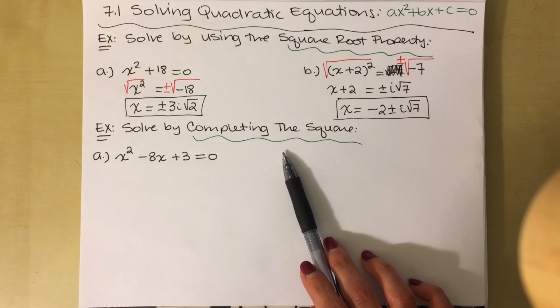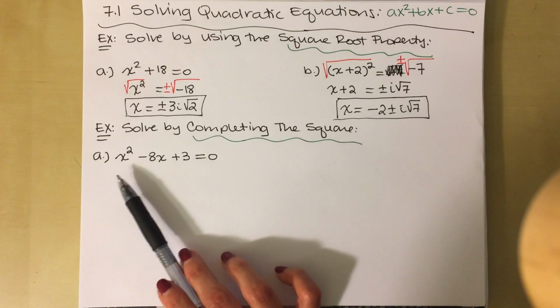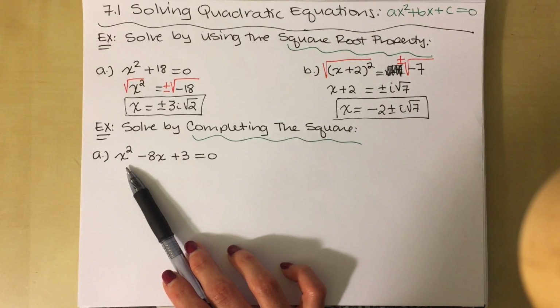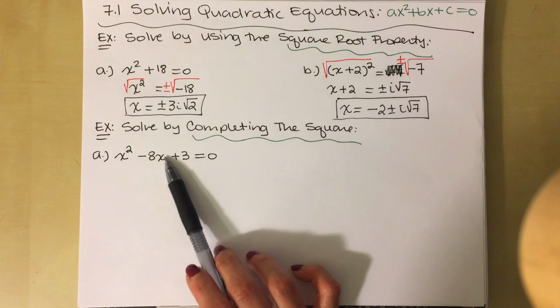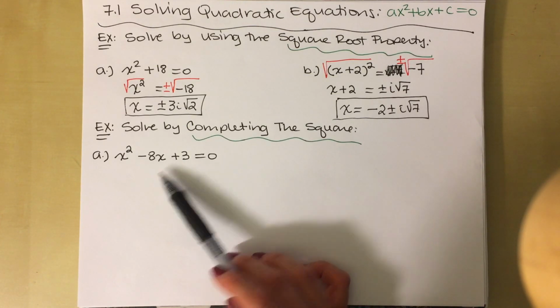We cannot use the square root property at this point because I don't have x squared by itself. We have x squared and x. So if you have this x part, you don't want to use the square root property at the beginning.